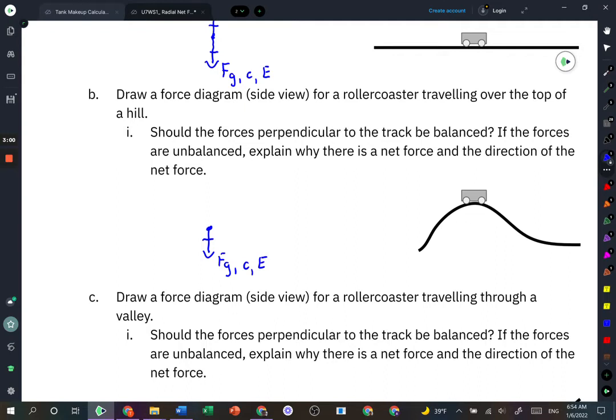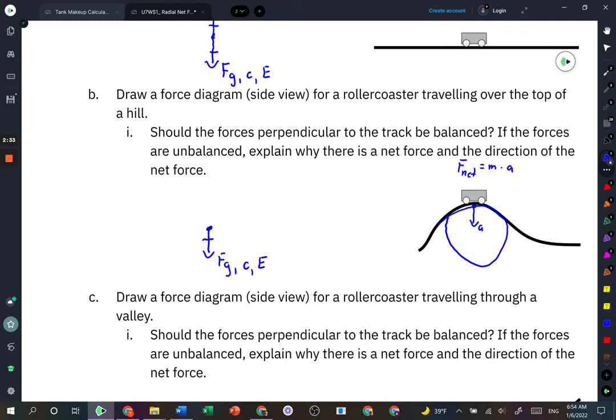We can see that when it's traveling over the hill, there is a curve. And if we were to just continue this curve all the way around, we could say that this is going to be circular motion. We know that in circular motion, we have our acceleration pointed to the center of our motion. And from Newton's second law of motion, we know that the net force acting on an object is the mass times the acceleration.